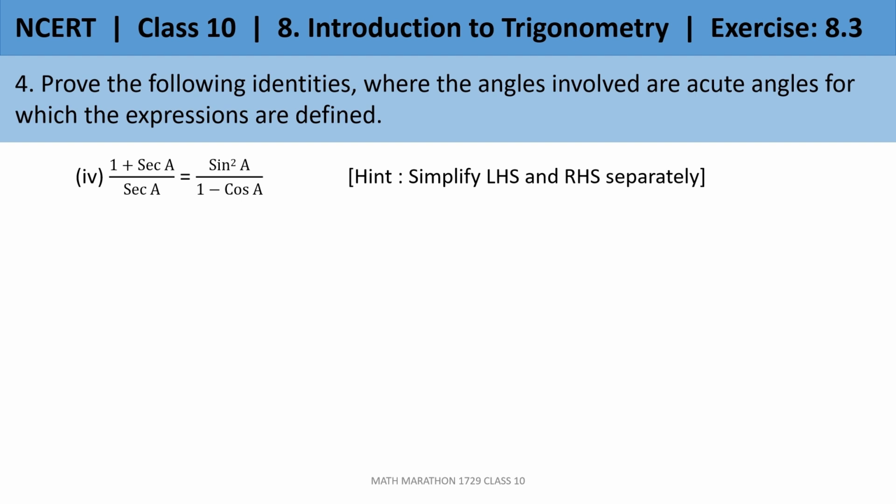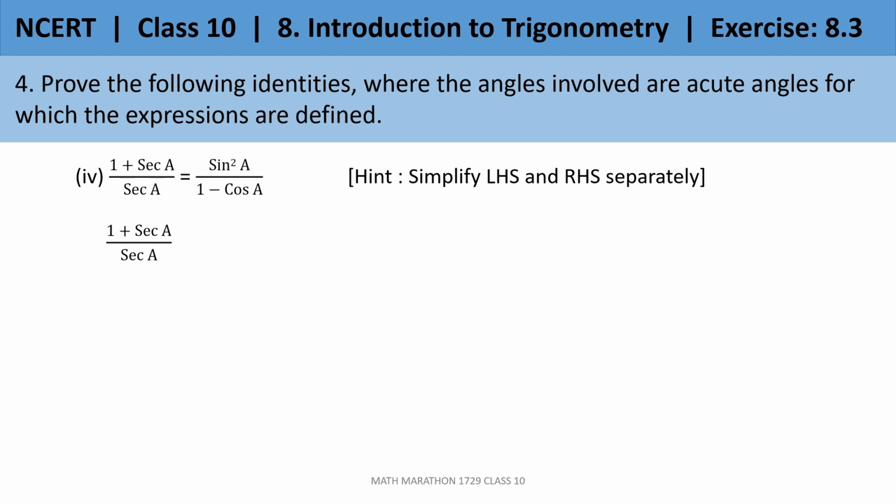Prove the following identity. Section 4. (1 plus secant A) by secant A is equal to sin square A by (1 minus cos A). Hint, simplify the left-hand side and right-hand side separately.